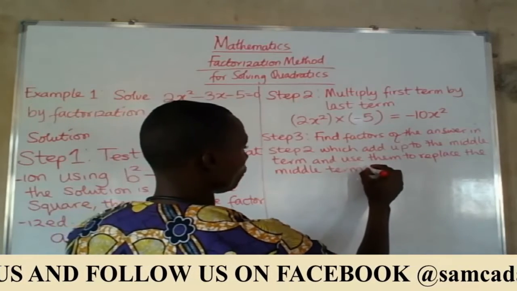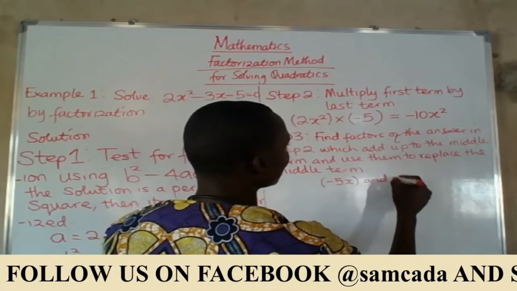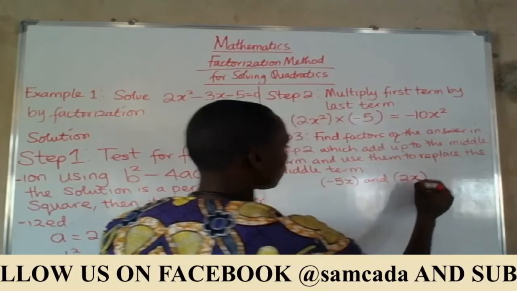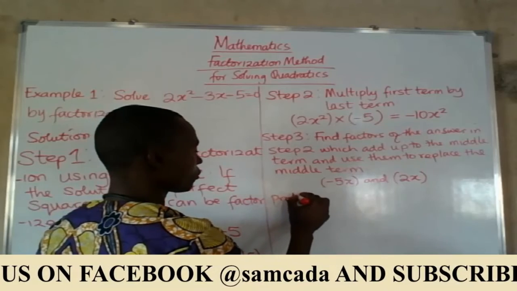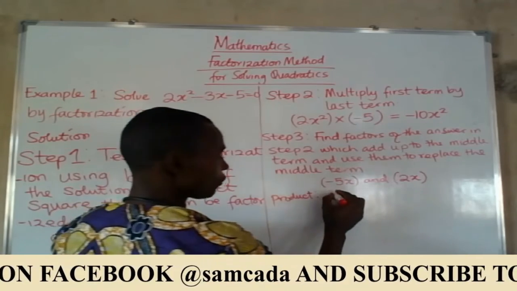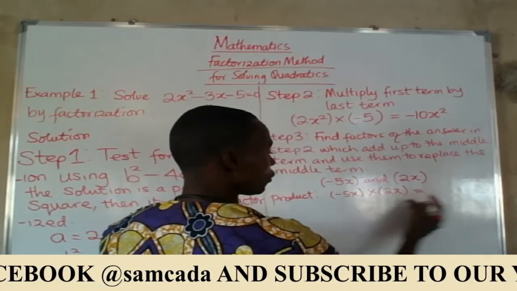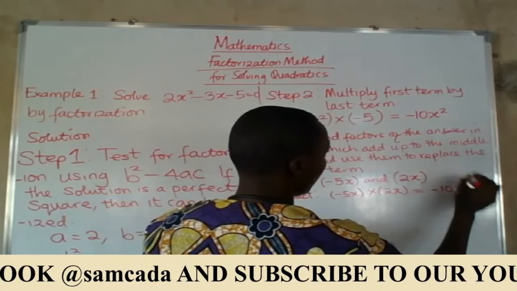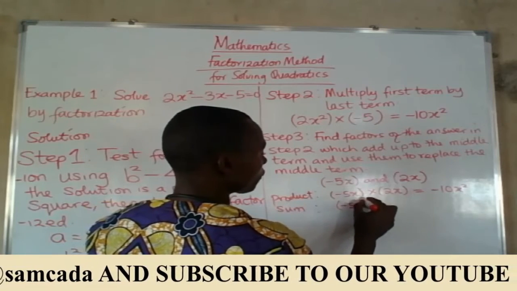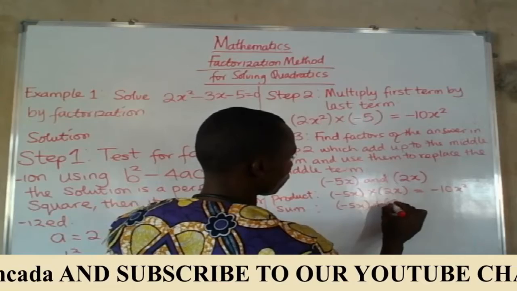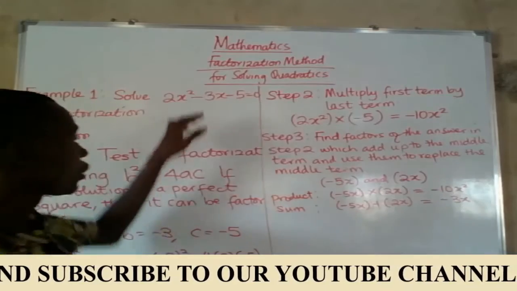By brainstorming, you should know that the factors are minus 5x and 2x. Think of it. Minus 5x times 2x gives us minus 10x squared, our answer in step 2. And the sum, minus 5x plus 2x, gives us minus 3x, which is the middle term.